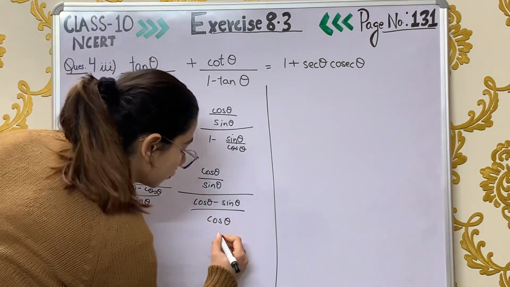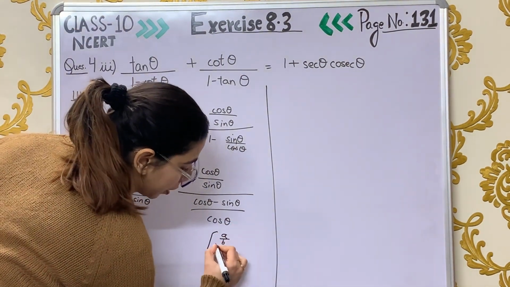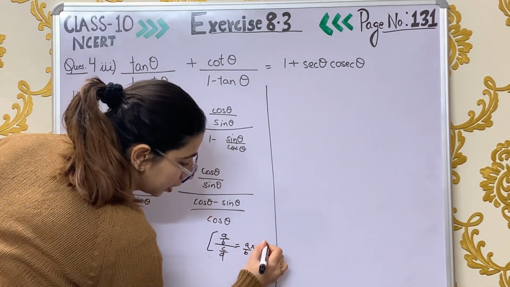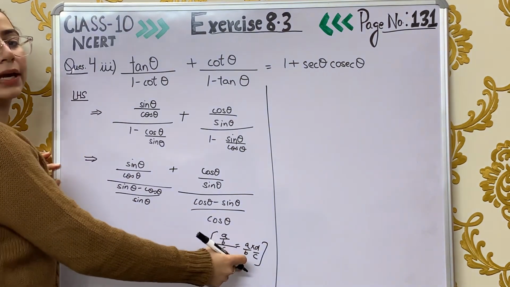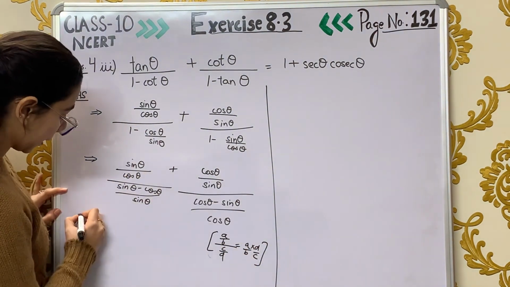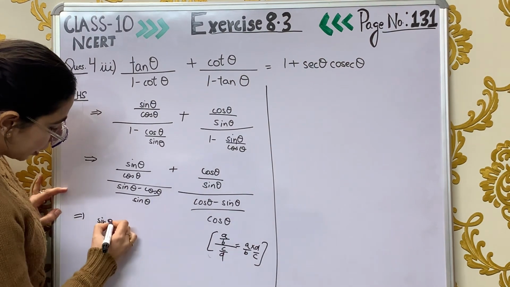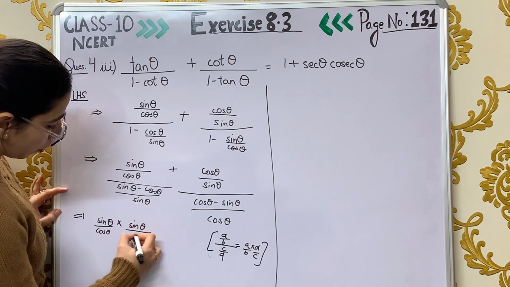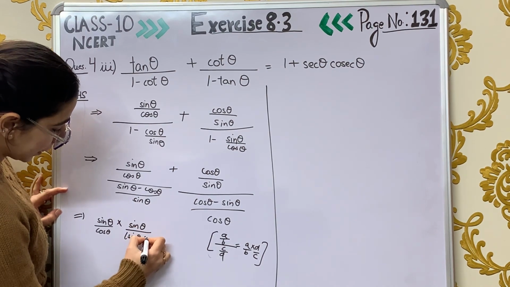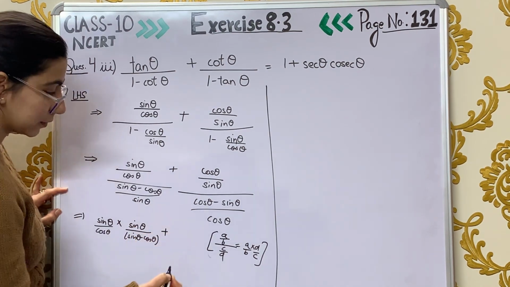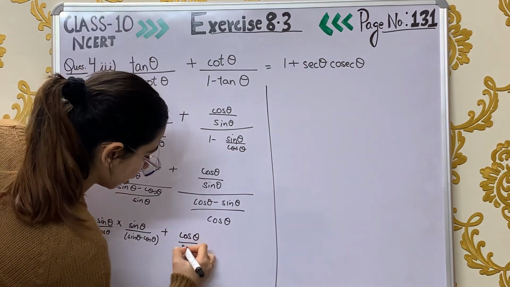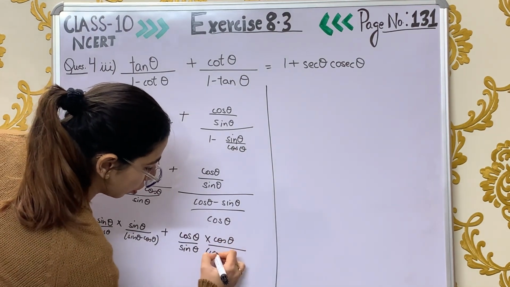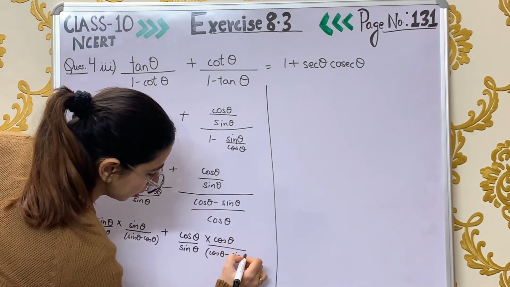Now, we know that A by B upon C by D is nothing but A by B into D by C. That is, numerator gets multiplied by reciprocal of denominator. So let's just apply that here. So it's going to be sin theta cos theta multiplied by sin theta upon sin theta minus cos theta, plus cos theta upon sin theta into cos theta upon cos theta minus sin theta.